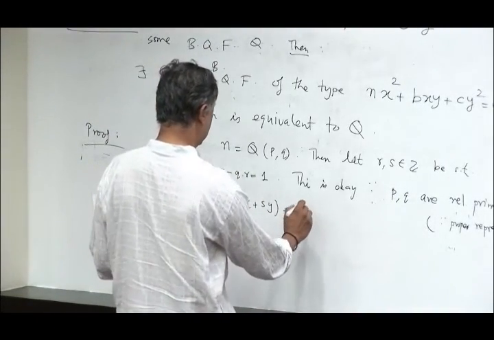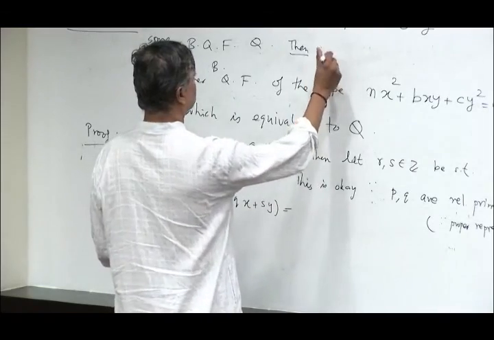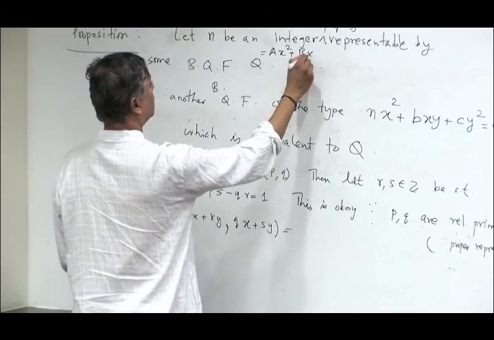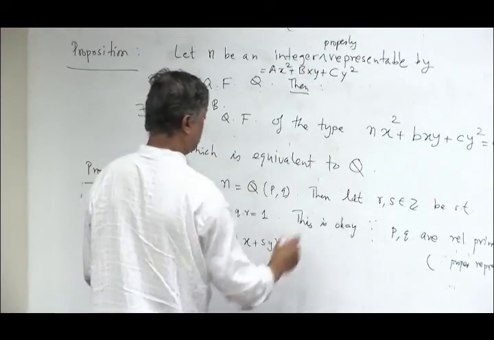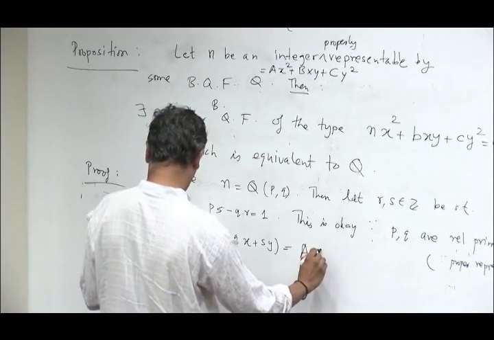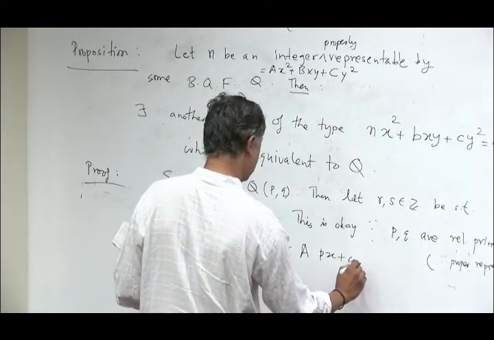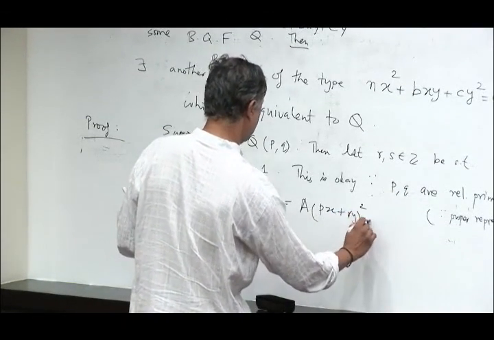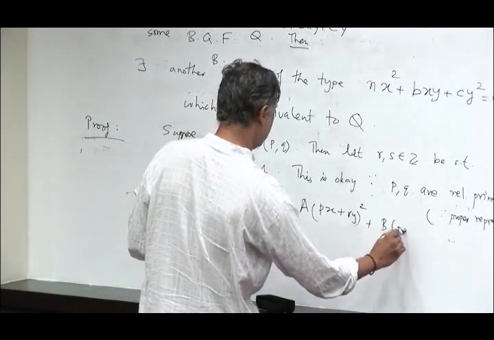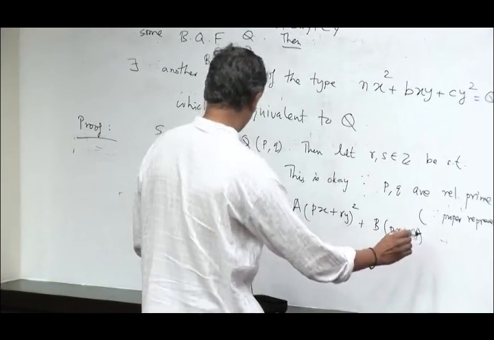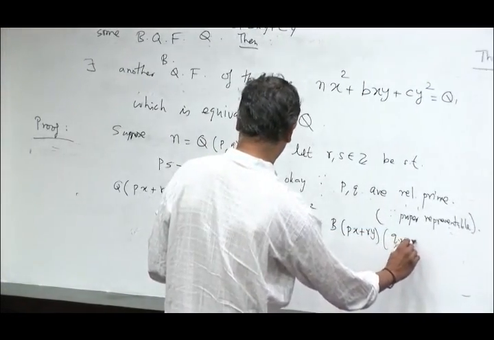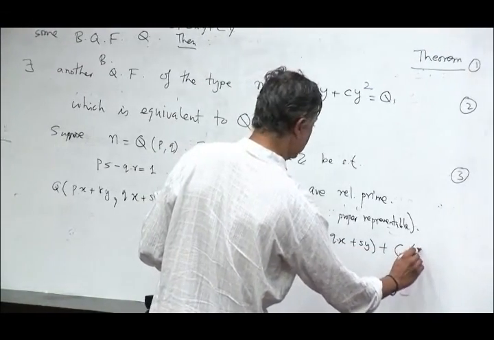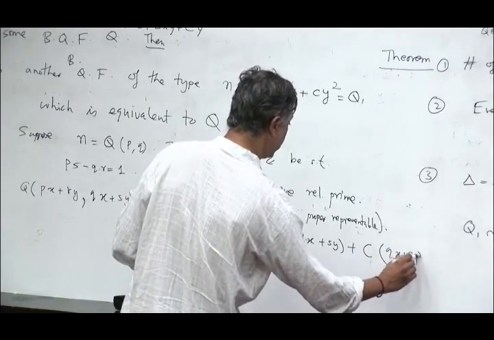This fellow is, suppose this is ax square plus bxy plus cy square, then this will become a(px plus ry) square plus b(px plus ry)(qx plus sy) plus c y square, and the y is now (qx plus sy) square.